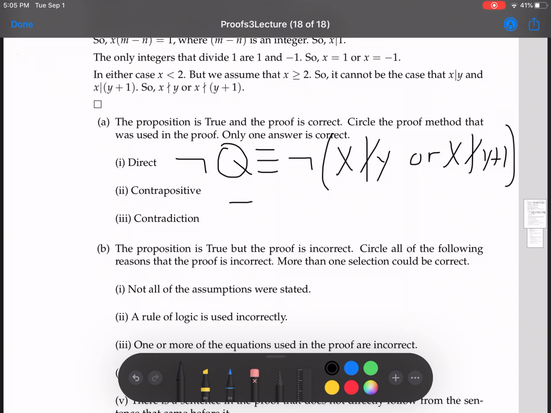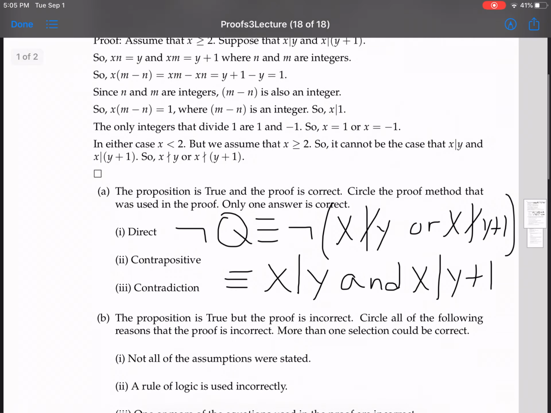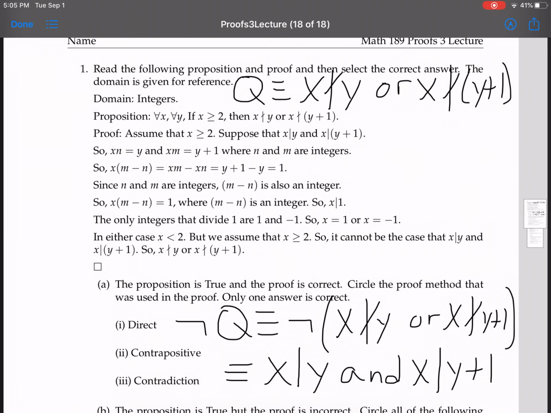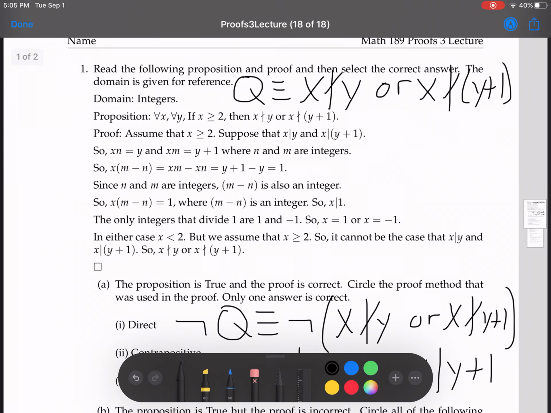Using De Morgan's law, that tells you that x divides y and x divides y plus 1. So what I'm saying here is that here we assume P and here we assume not Q. So we assume P and not Q.